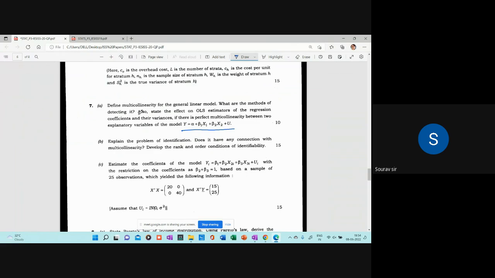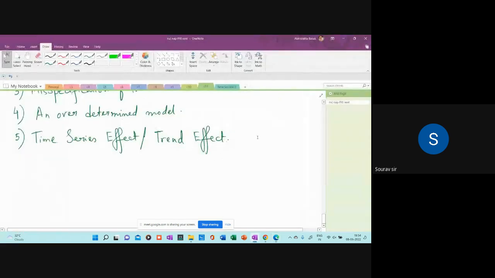What are the methods of detecting multicollinearity? We all know there are many methods of detecting multicollinearity. Mathematically, VIF, the variance inflation factor, is a method of detecting multicollinearity. So let me write.